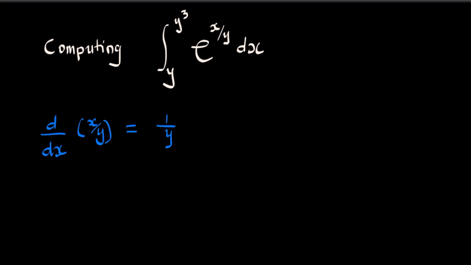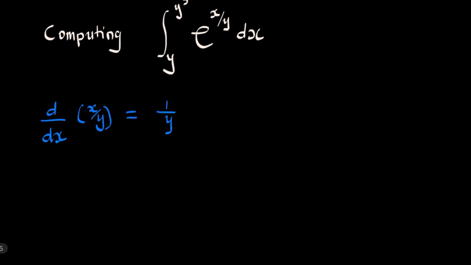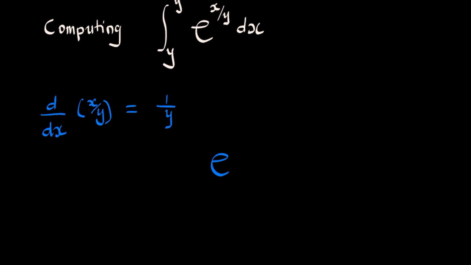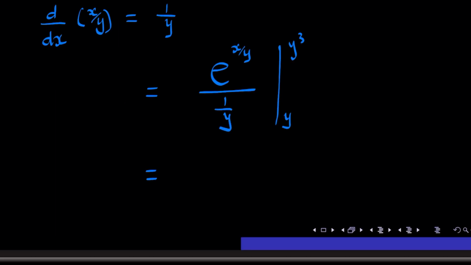So that's going to give us e to the x over y divided by 1 over y, then the range of integration y to y cubed. This can be rewritten as y times e to the x over y, from y to y cubed.